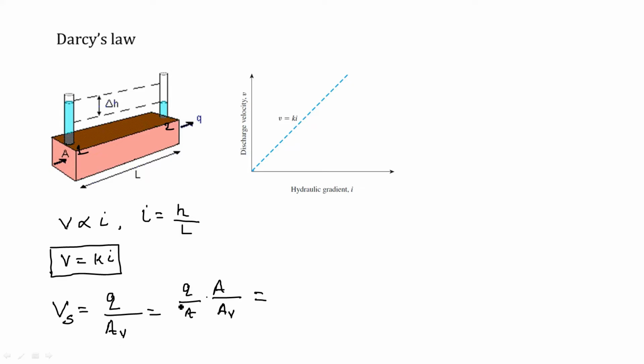Now, Q by A is nothing but the discharge velocity V, and Av by A is porosity. So from here we can write the seepage velocity is equal to superficial velocity or discharge velocity divided by porosity. Always remember this equation also. This seepage velocity is always greater than the discharge velocity. The discharge velocity is also termed as superficial velocity.